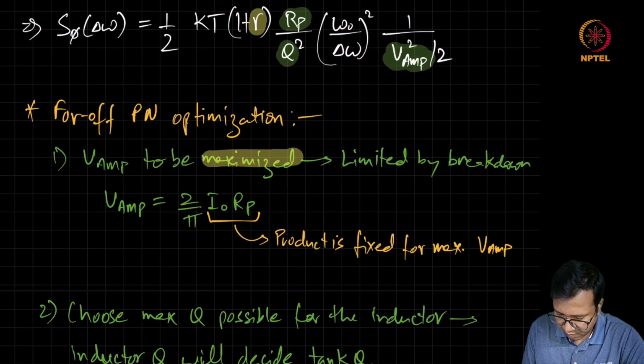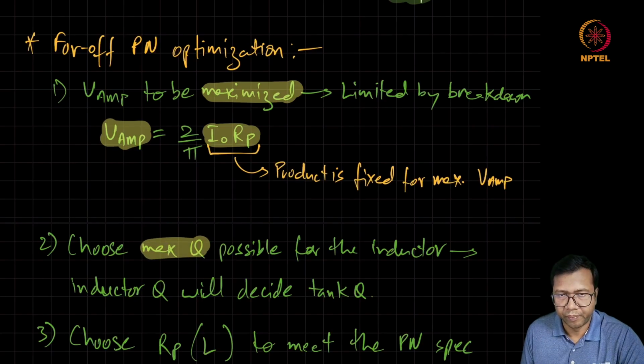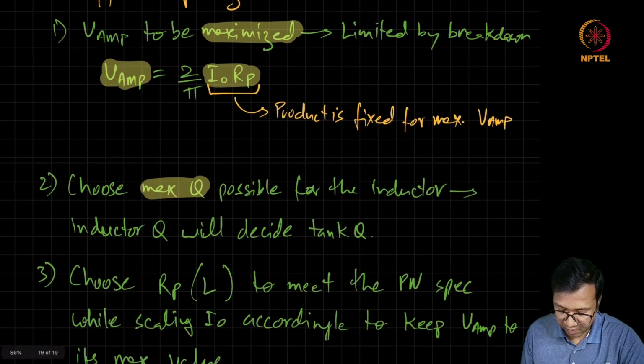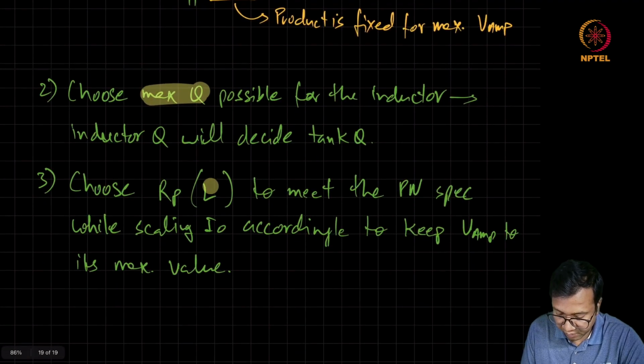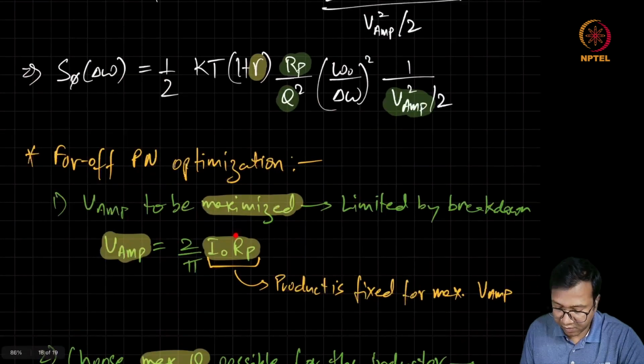First, we will try to find what is the maximum Vm possible. We are also going to find what is the maximum Q possible in the process for the inductor. Then we can choose the inductor such that it has the Rp which is required to meet the phase noise spec. And once we know the Rp, then we need to scale the I naught accordingly so as to maintain this product constant.